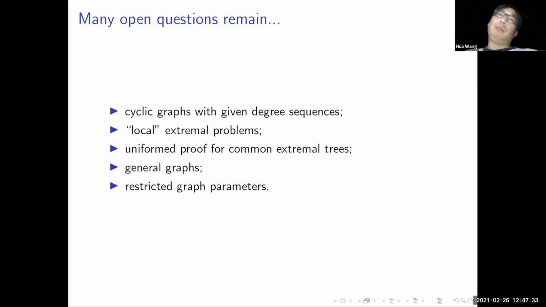Well, I shouldn't put it that way, because complete graphs and paths are obviously extremal in many cases among general graphs, but when you put other restrictions on it, it becomes much more difficult. And when you restrict graph parameters like fixed height or diameter or fixed maximum degree, the question usually gets much more difficult.